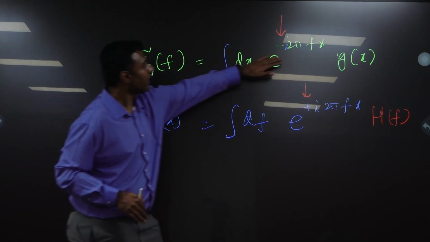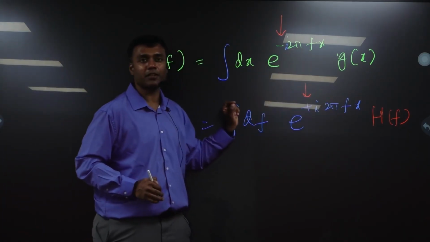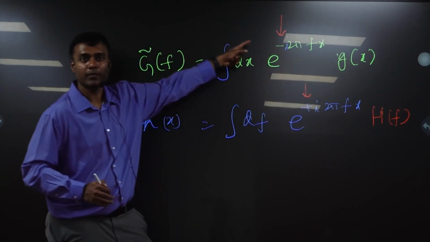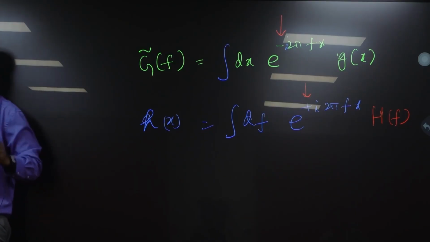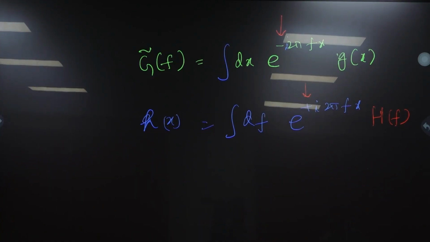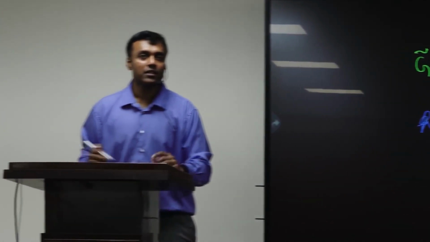If you have f, you put minus f here, then you will get back this, right? Therefore, it's reversing the frequency axis. Forward and inverse Fourier transforms are very similar to each other. So if I have interchanged them, in practice it doesn't matter, but I should be careful. That's a good question. Any other question?